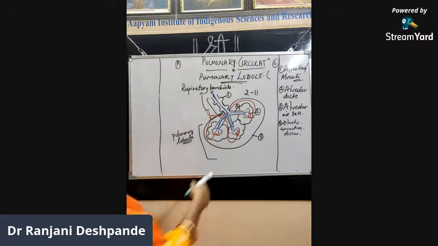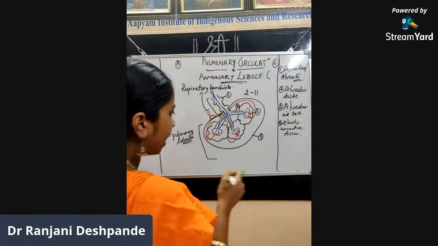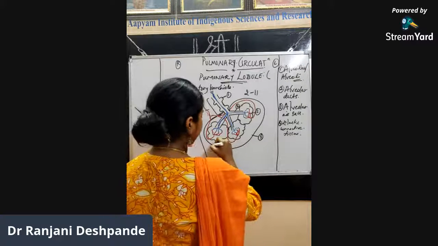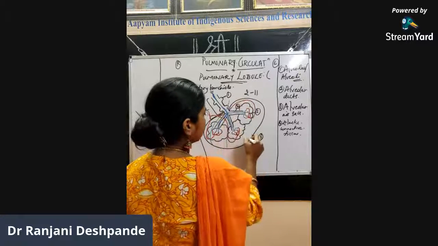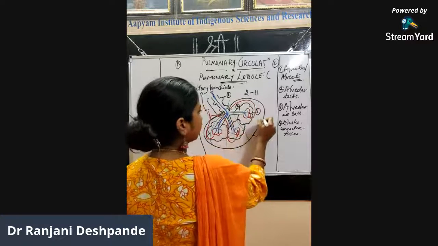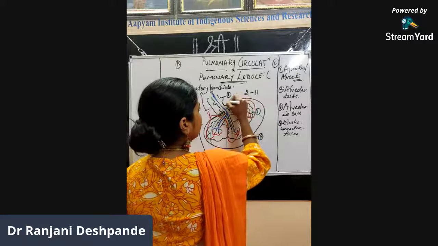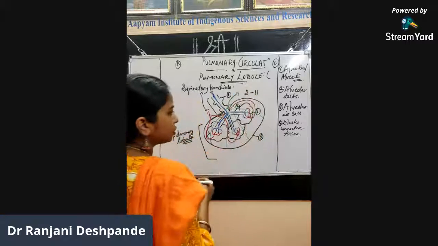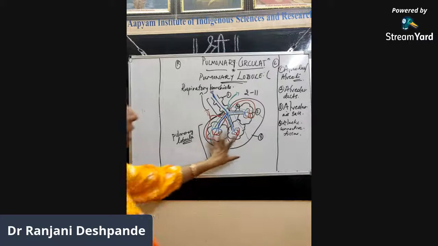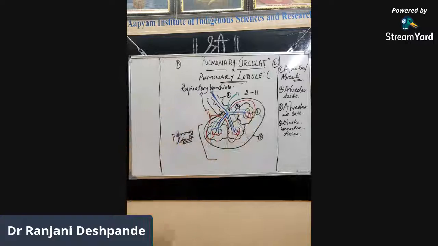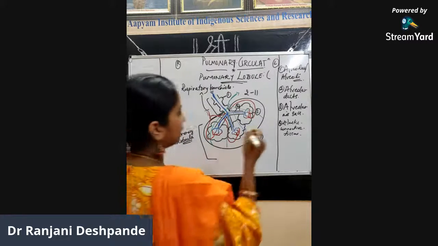Along with this, we also have the lymphatic drainage, which is represented in green. These are the lymphatic capillaries. We have many lymphatic capillaries draining out to the lymphatic vessel.